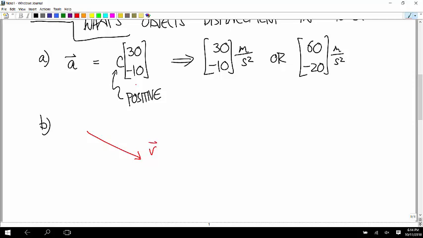Yeah, right. So for part A, you have a vector like this for the velocity. We want a parallel part of the acceleration that's in the same direction.